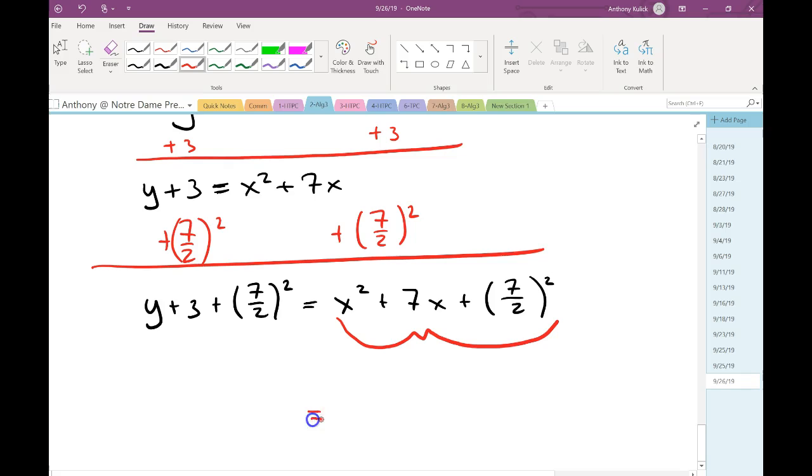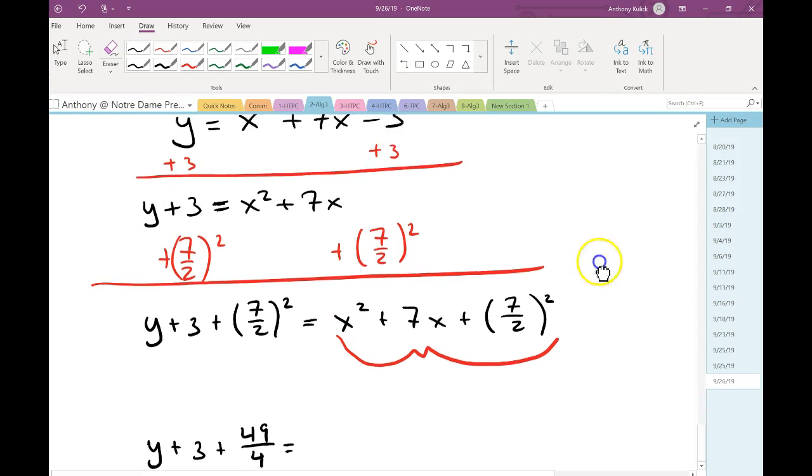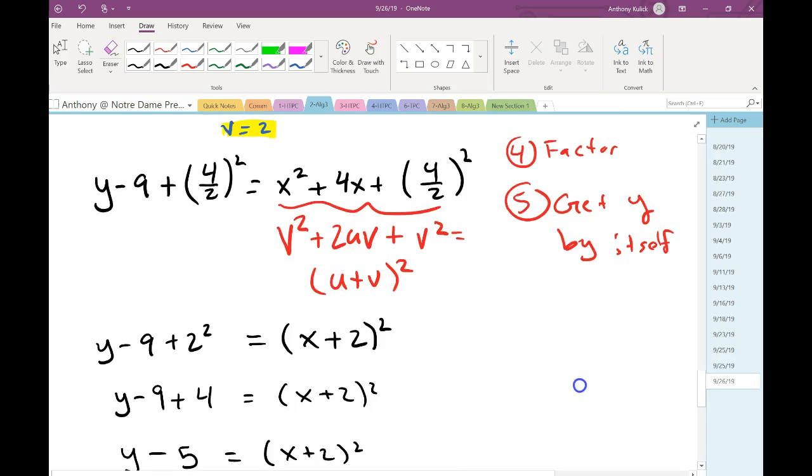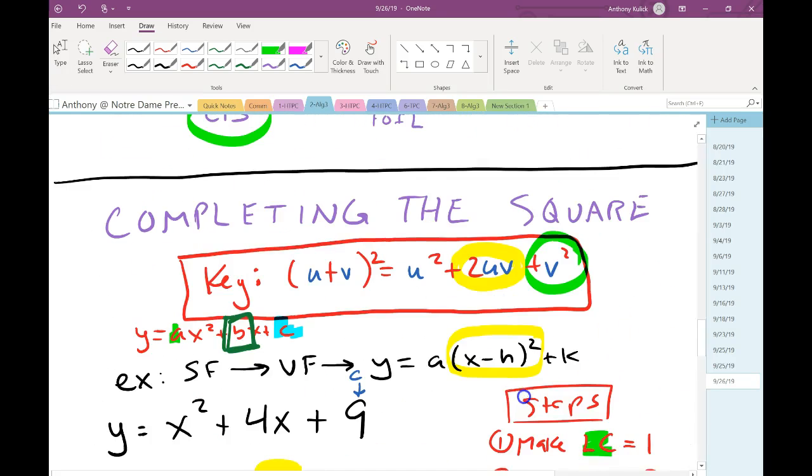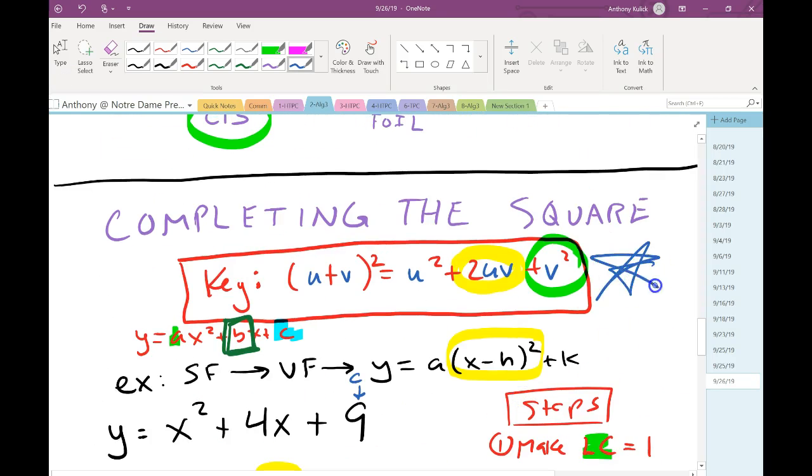How does this factor? The way this factors, if I scroll up, is using this formula.